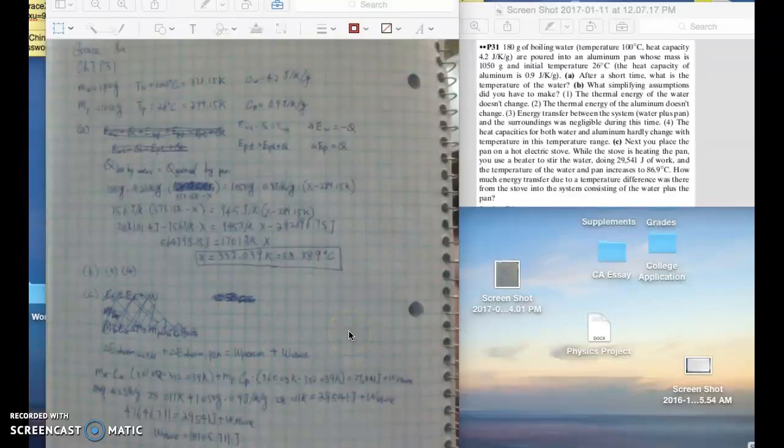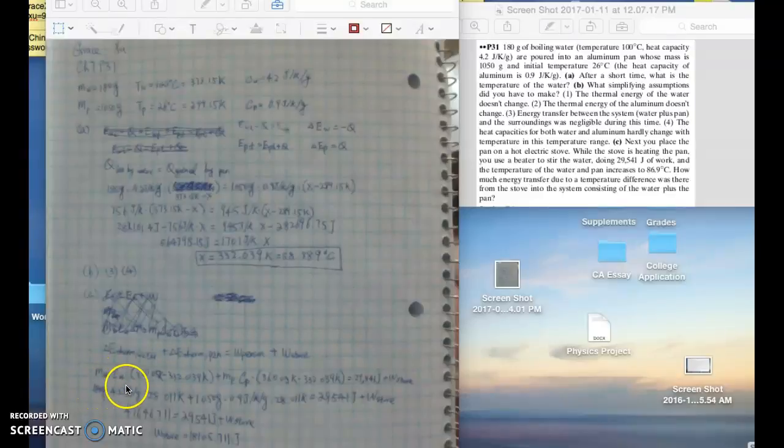But I thought that the change in thermal energy in the water and the pan would come from the work from the person beating the pan, as well as the stove heating the water.